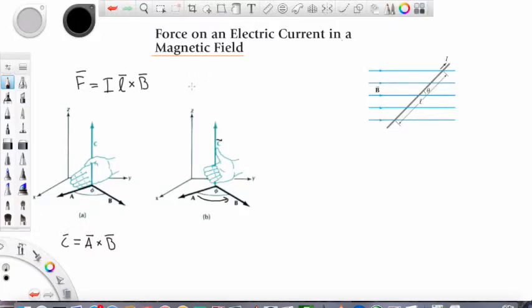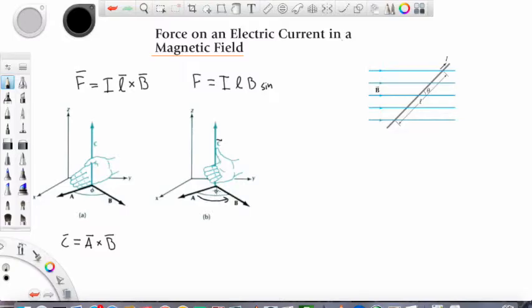We are of course also interested in the magnitude of the force, F. And it follows from the magnitude of this cross product. So we have I, then the length of the conductor times the magnitude of the magnetic field, and then the sine of the angle between the conductor vector and the magnetic field vector.